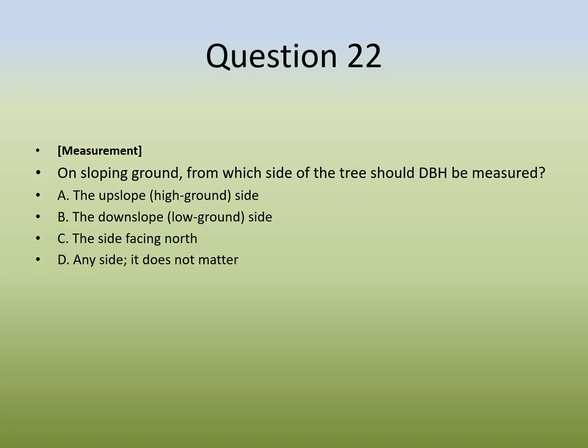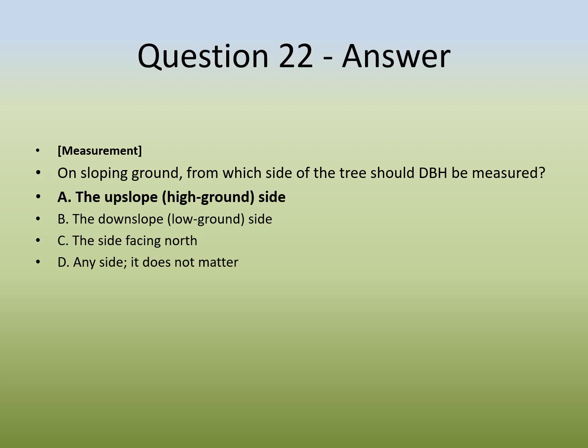Question 22, on sloping ground, from which side of the tree should DBH be measured? A, the upslope side, B, the downslope side, C, the side facing north, or D, any side, it doesn't matter. The answer is A, the upslope side.